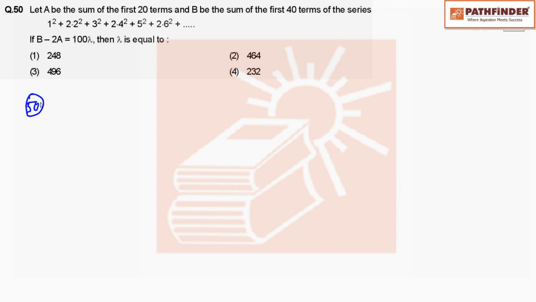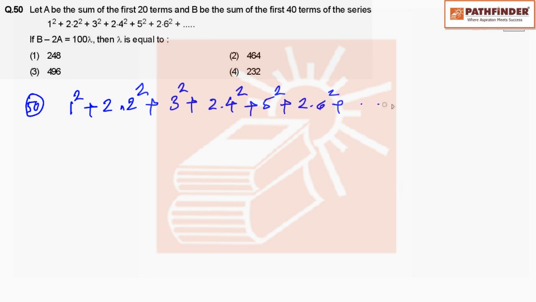Now question number 50. A is the sum of first 20 terms and B is the sum of first 40 terms of the series 1 square plus 2 into 2 square plus 3 square plus 2 into 4 square plus 5 square plus 2 into 6 square and so on. Now see B minus 2A. B is the sum of first 40 terms and A is the sum of first 20 terms.